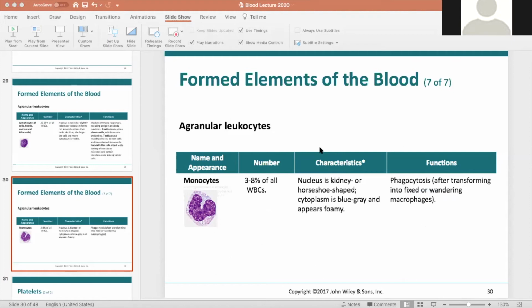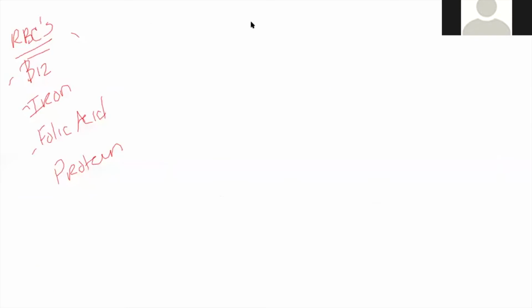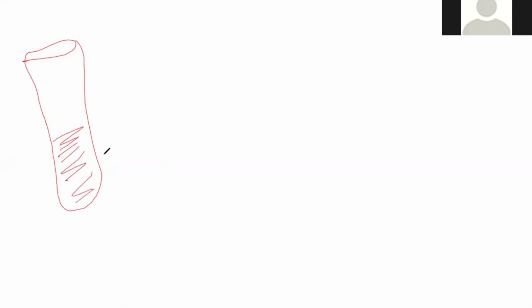Yes, okay. All right, so let's think about this just for another minute. I can clear this here. We said that we have our vacutainer here, and we have our red blood cells, which we now know to also be called erythrocytes.